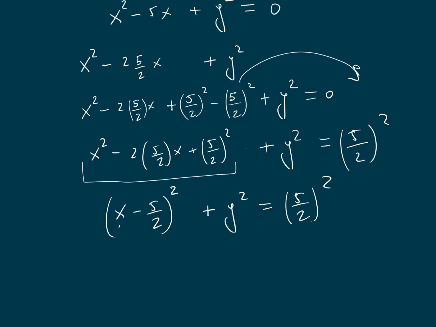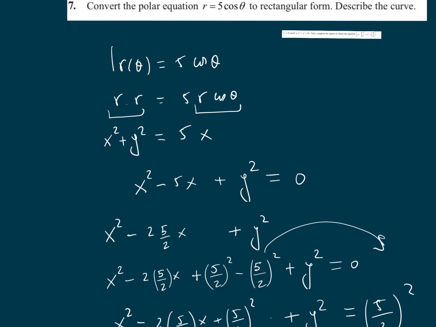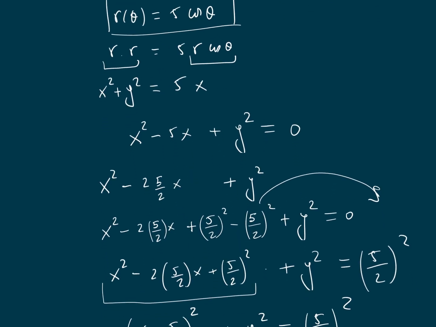So I started with the equation r of theta equals 5 cosine of theta. So this equation represents in Cartesian coordinates a what?